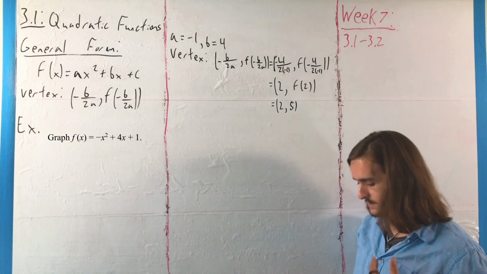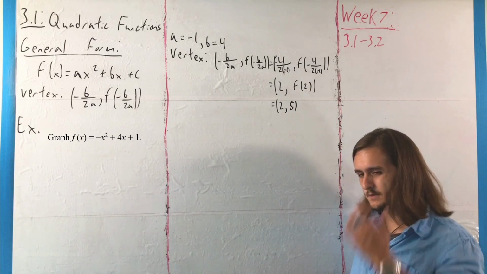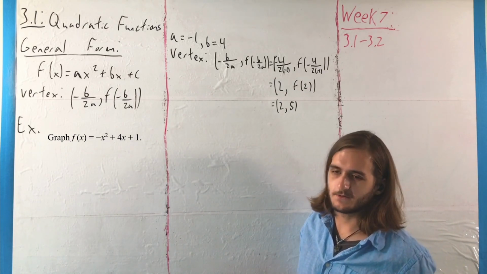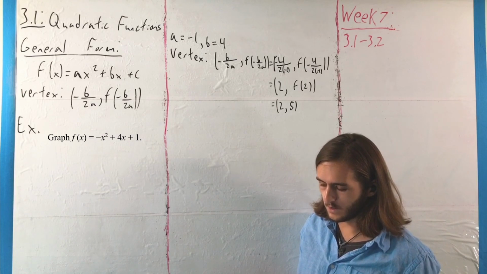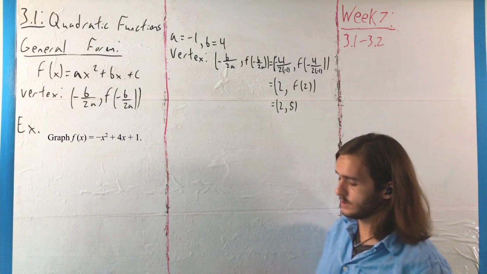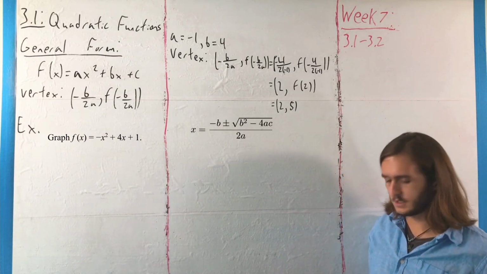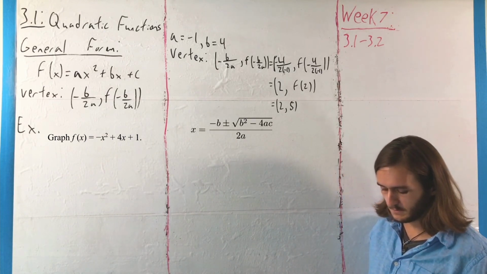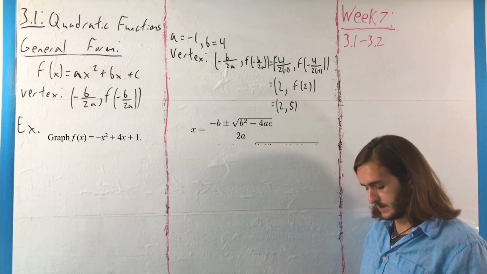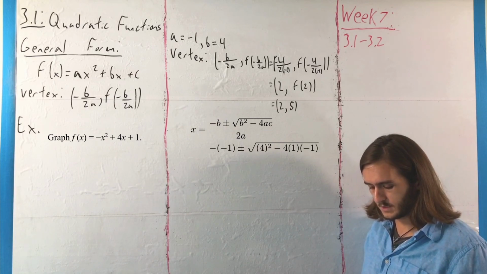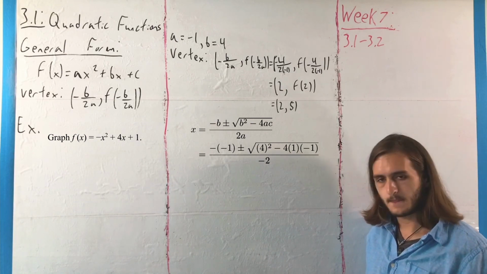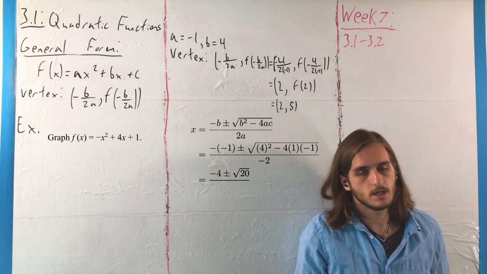Then, we want to be able to describe the roots, but unfortunately here, you can't quite factor very much usefully with a 1 and a negative 1, certainly not anything that can get you 4, so you'd be stuck using the quadratic formula here. So x is equal to negative b plus or minus the square root of b squared minus 4ac all over 2a, which in this case has the form negative 4 plus or minus the square root of 4 squared minus 4 times negative 1 times 1, over negative 2, which is negative 4 plus or minus root 20 over negative 2.